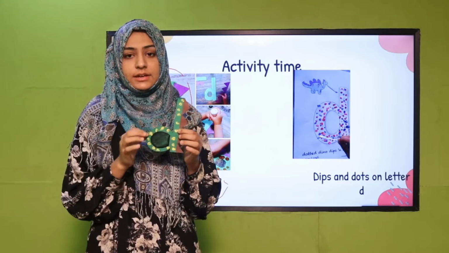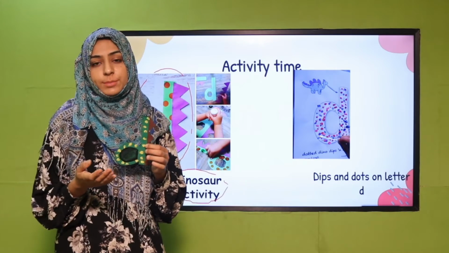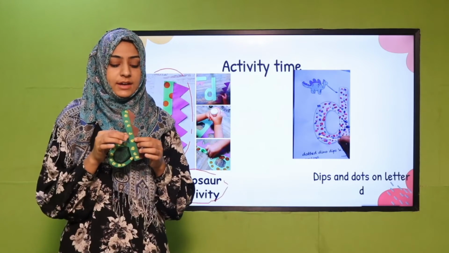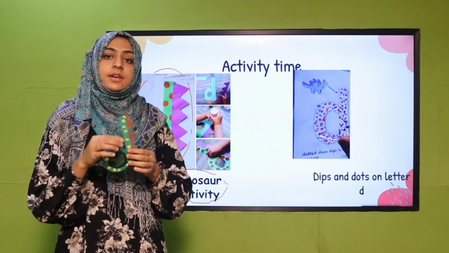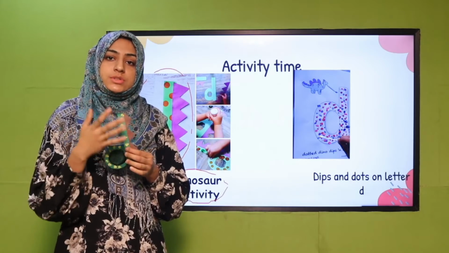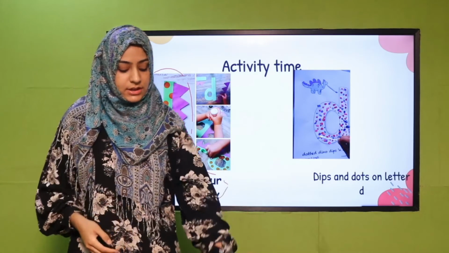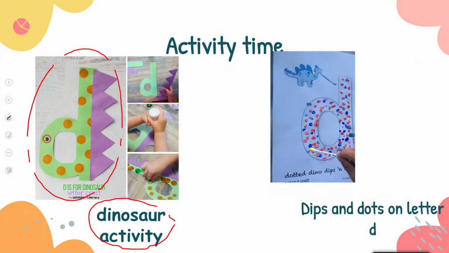I have taken green, you can take any color of A4 paper or chart paper. And then I have made these cones, so you can paste them also. You can use the same color or different colors, and along with it you can also do this activity. It's a pretty easy one.